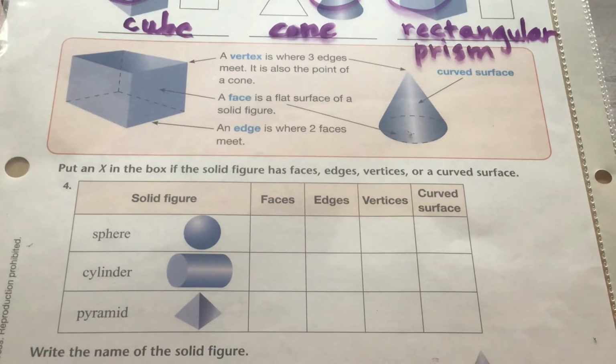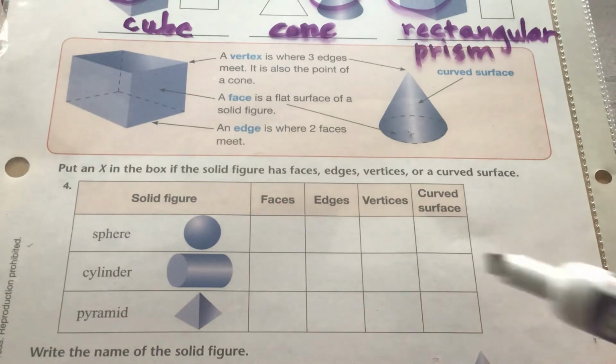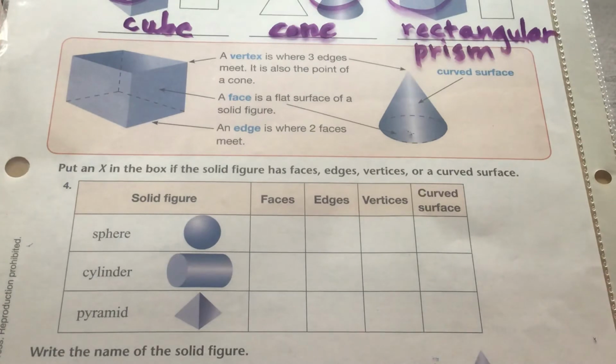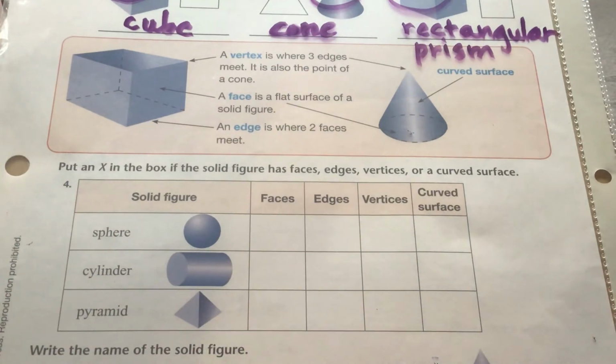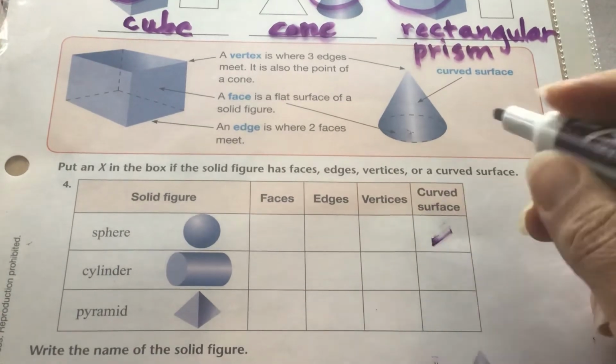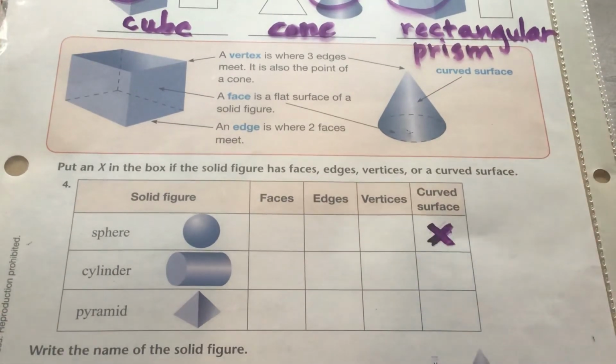It doesn't have any corners or points. It does have one curved surface. It doesn't have a flat side, so we don't say that it has a face. So we would just put an X on curved surface. A sphere consists entirely of one curved surface.